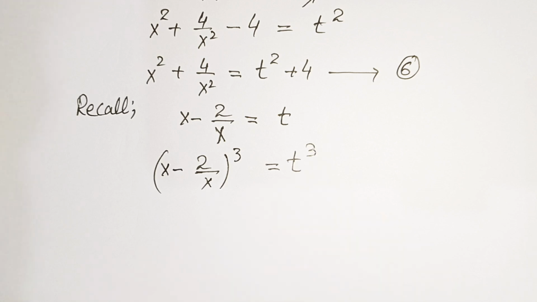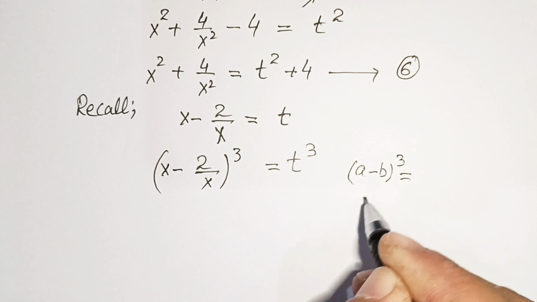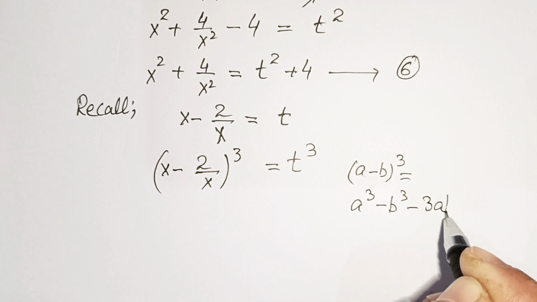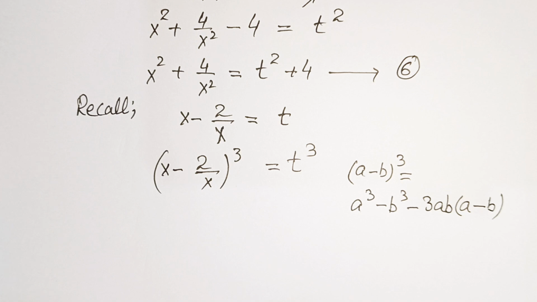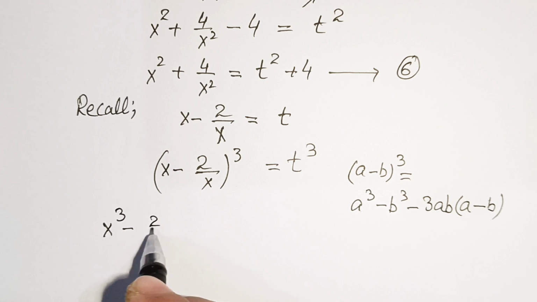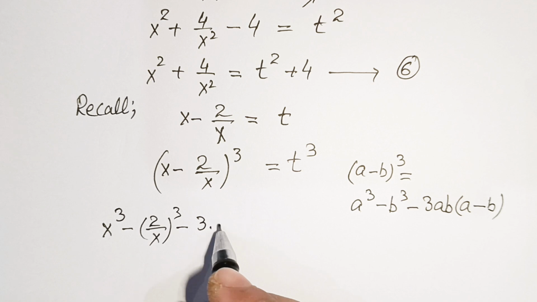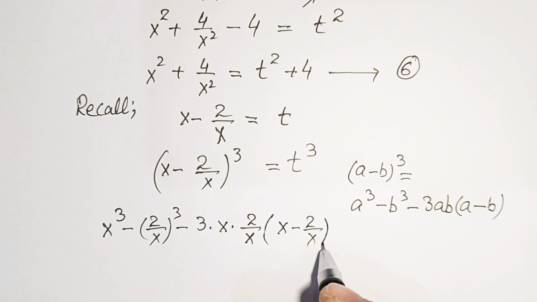According to the algebraic formula, a minus b whole cubed is equal to a cubed minus b cubed minus 3 times a times b times a minus b. Applying this formula here, we get x cubed minus 2 over x whole cubed minus 3 times a which is x times b which is 2 over x times a minus b, which is equal to t cubed.